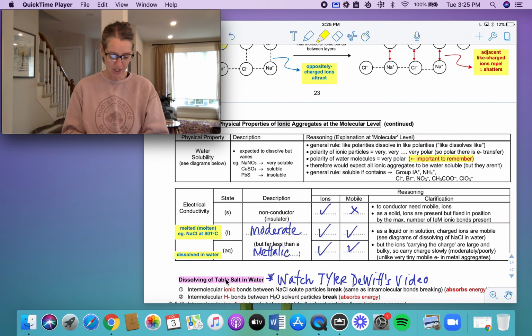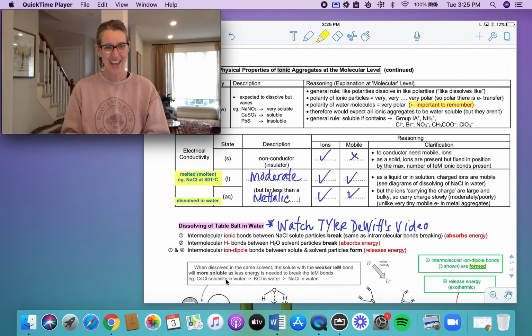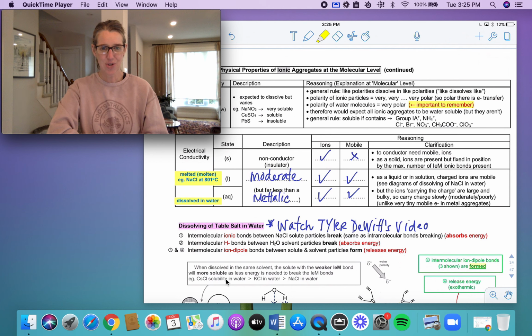Okay. Electrical conductivity, yeah, you know that even back from grade 9. Does it have ions? Is it mobile? So if it has ions and they're mobile, they're going to have moderate to good electrical conductivity. Okay, is it as good as a metallic aggregate? No, right?